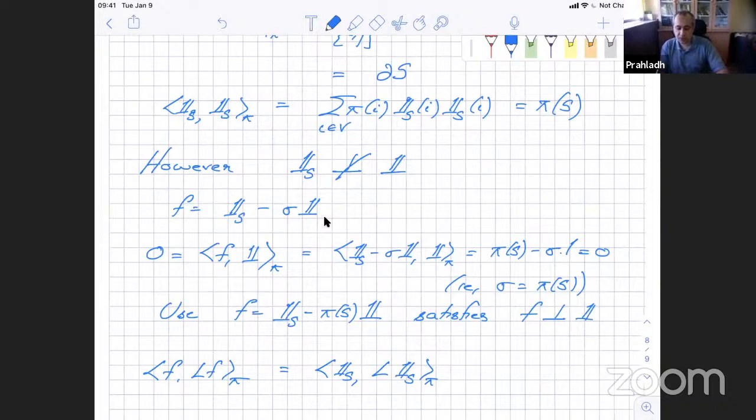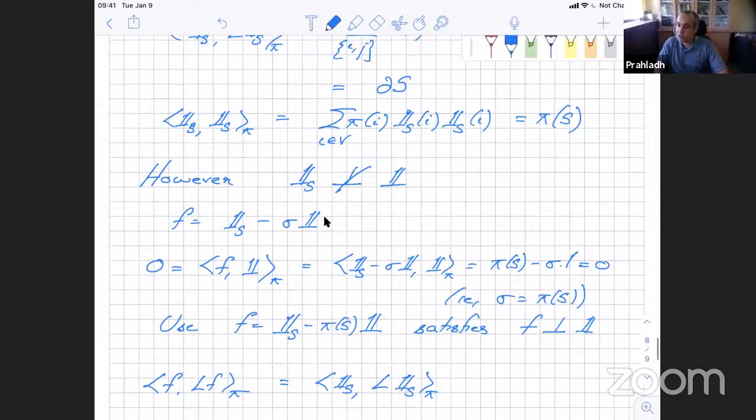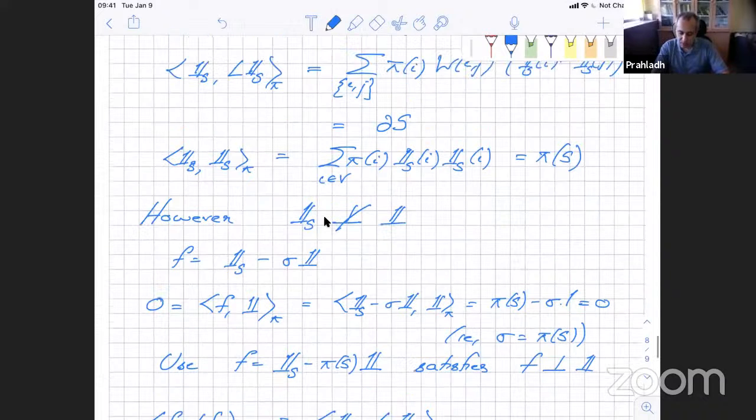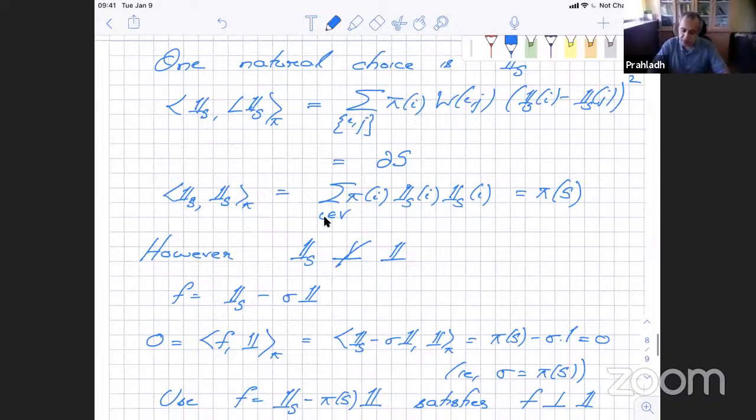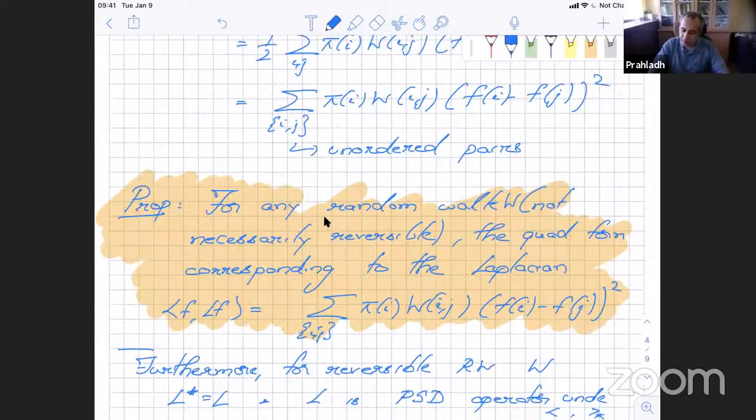This is true only for the Laplacian quadratic form. Looking at the Laplacian quadratic form, it's this quantity over here. I want to claim that f L f, if I add the same additive term to every f, only depends on the difference between fi and fj.